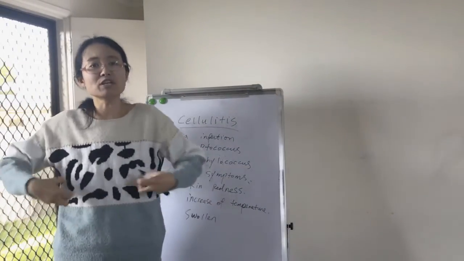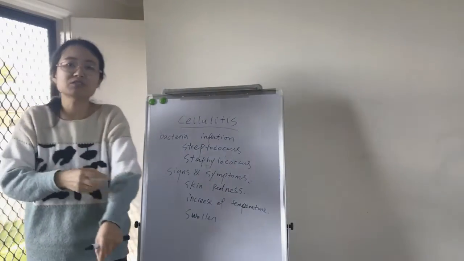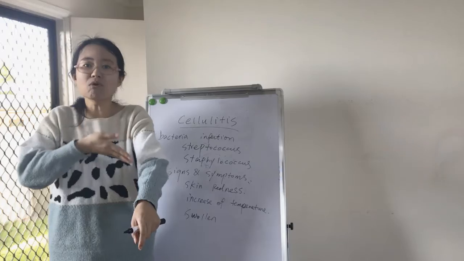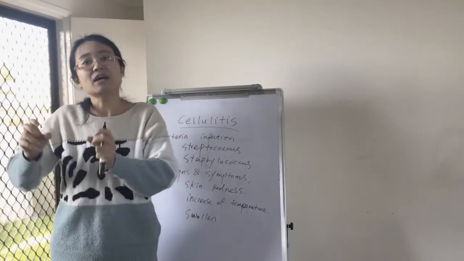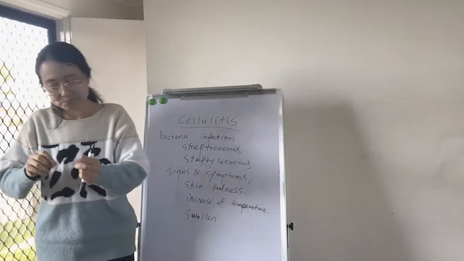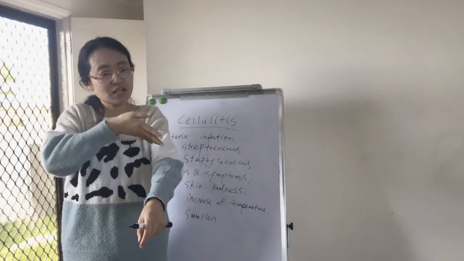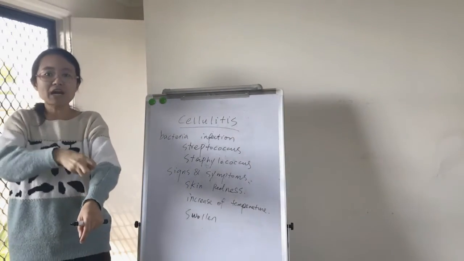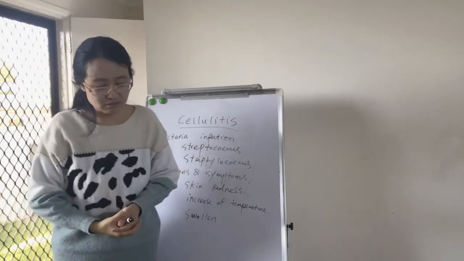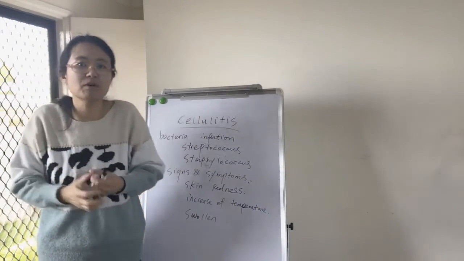And also because your immunity starts to become aware of this infection, the immunity is going to send more white blood cells, which we call neutrophils, down to that broken area to try to fight against the bacteria. This is what we call the inflammatory response.